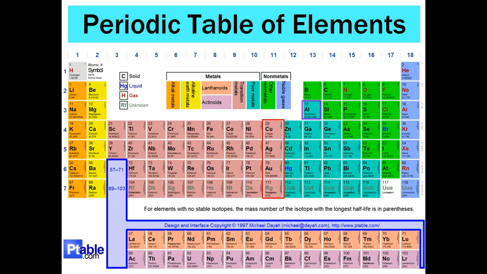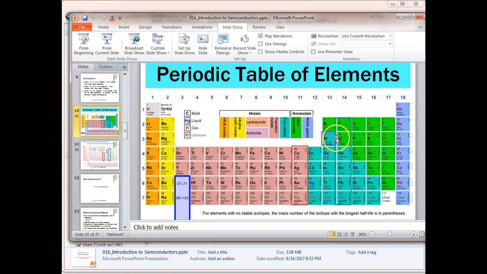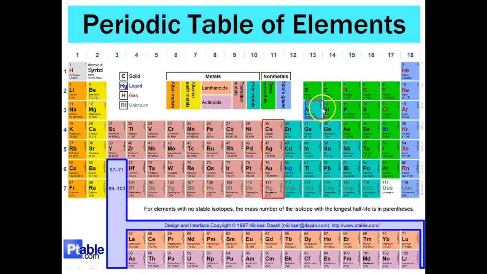And here is aluminum. And this guy right here, can y'all see what that says? 3. So aluminum is barely in the category of what we consider a conductor.